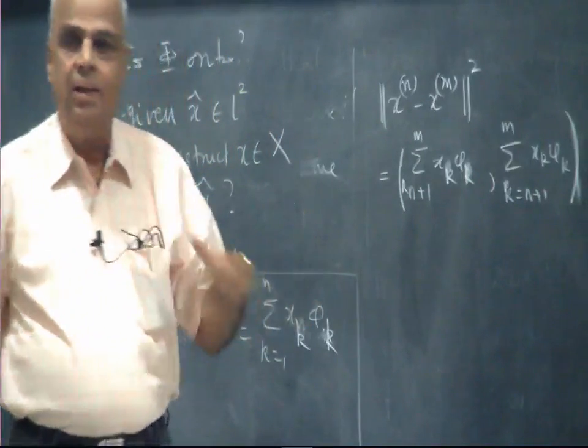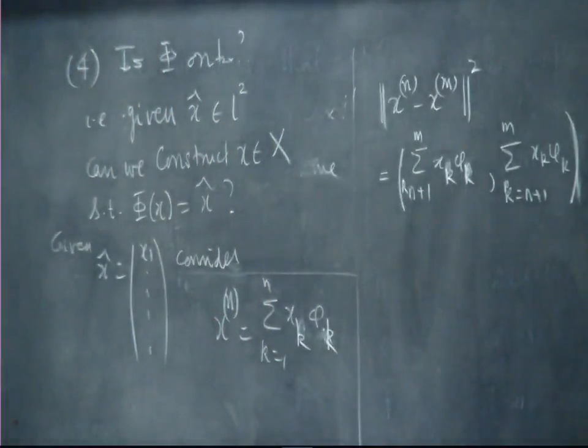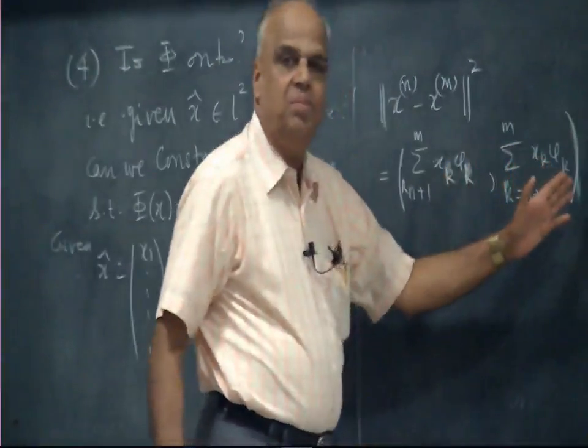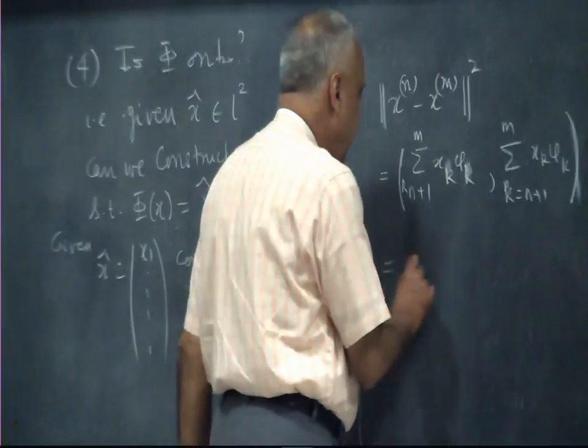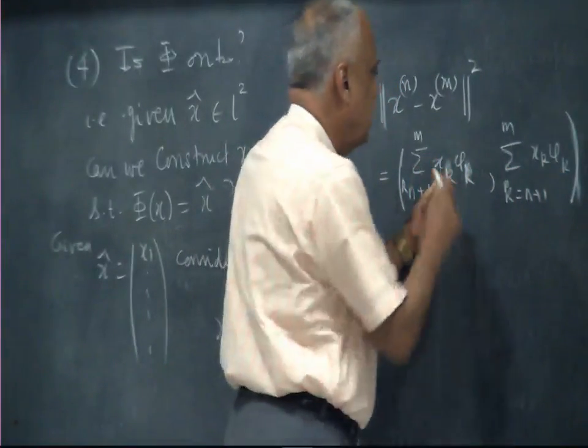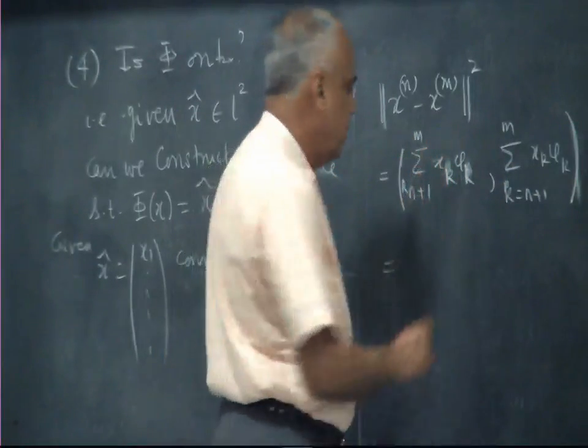If you subtract, all you get is from n plus 1 to m. Now, if we take this inner product, cross terms will go. What will I get? The diagonal term phi_k inner product will be 1. I will get x_k times x_k bar, which is mod x_k squared.